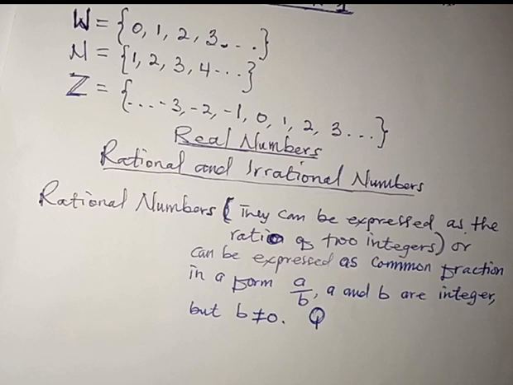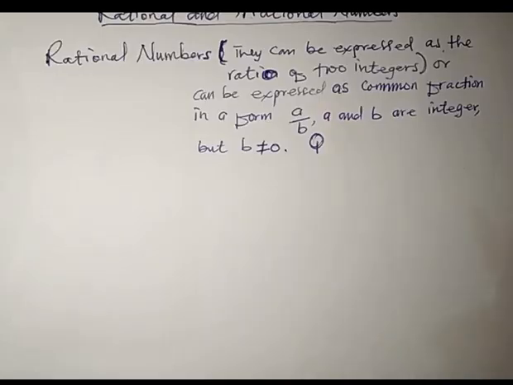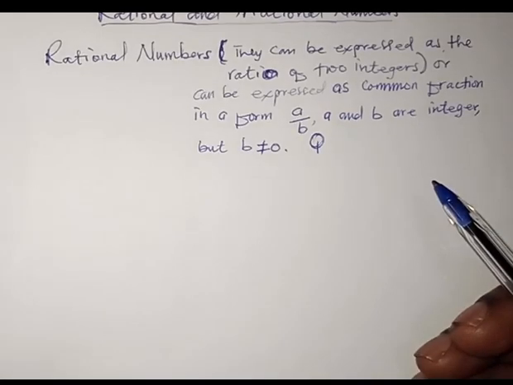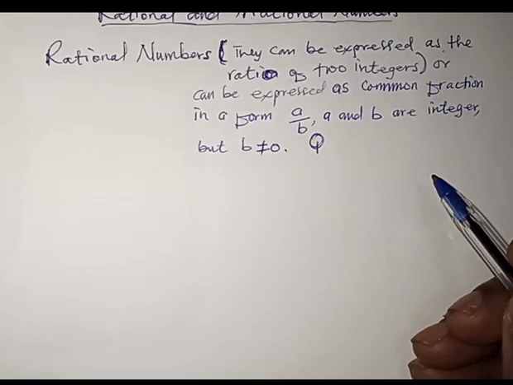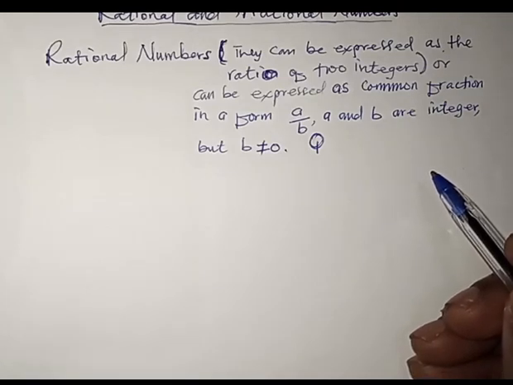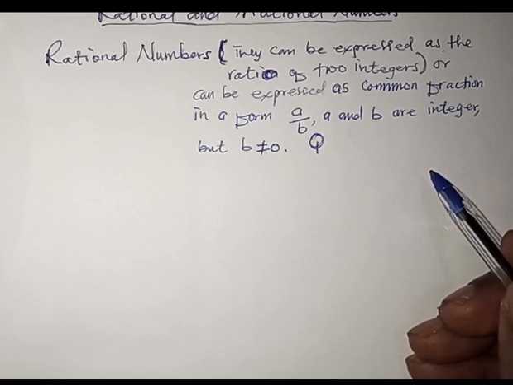So the word quotient is why we use Q to denote rational numbers.